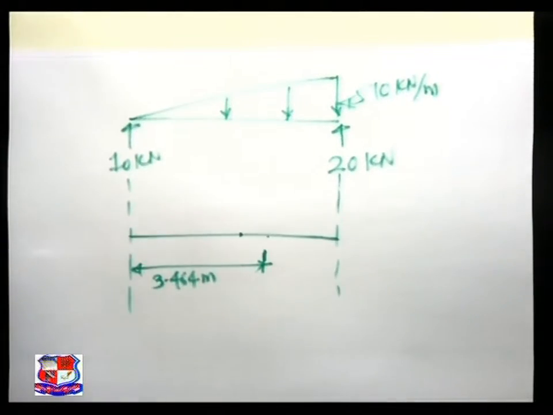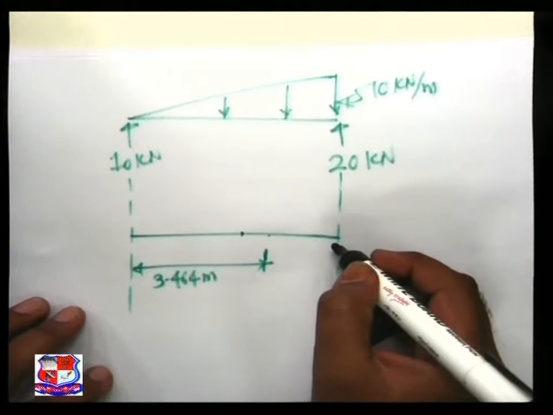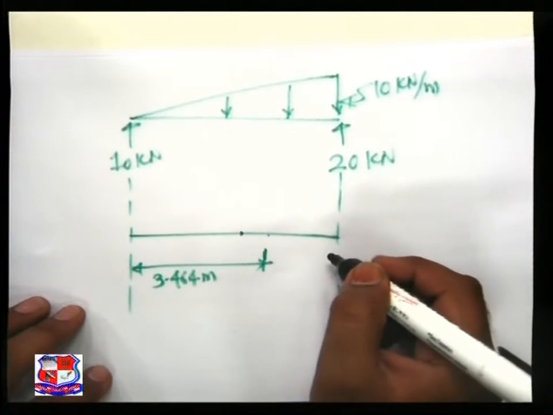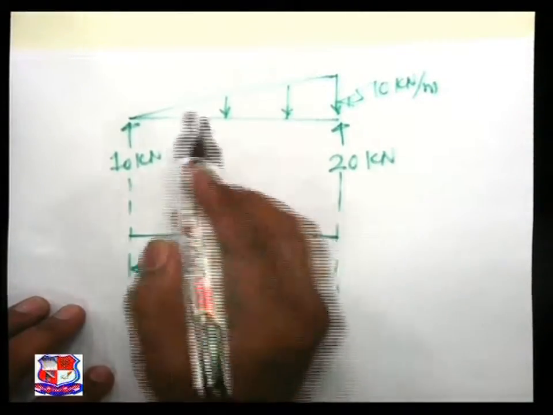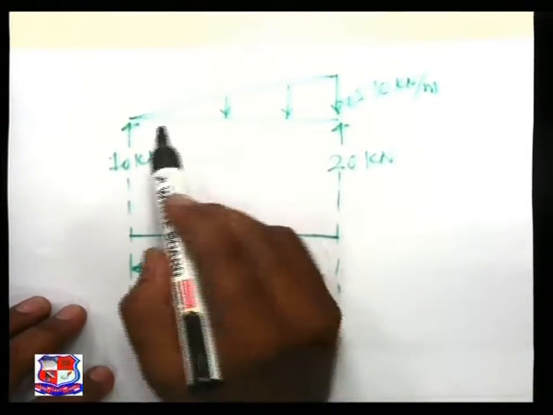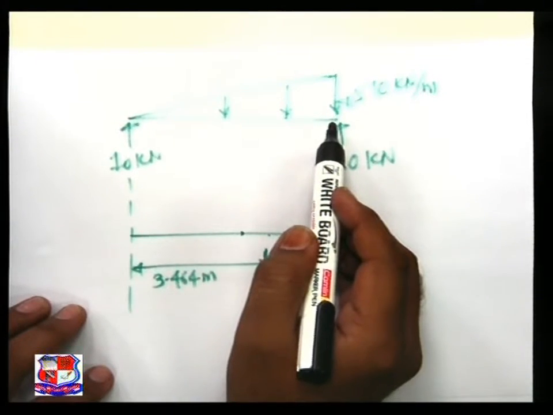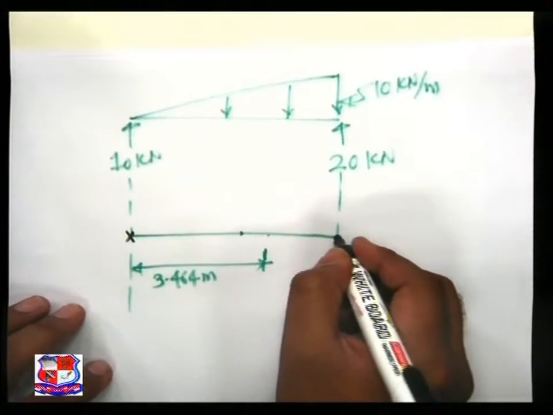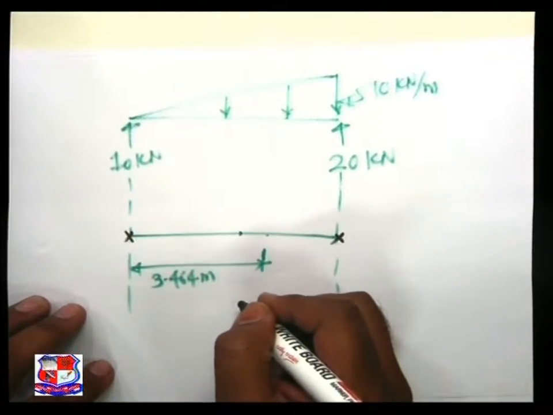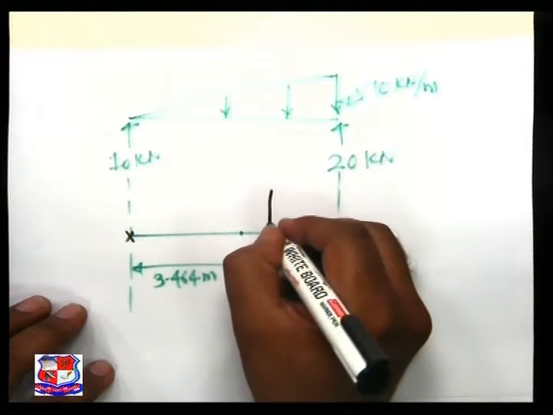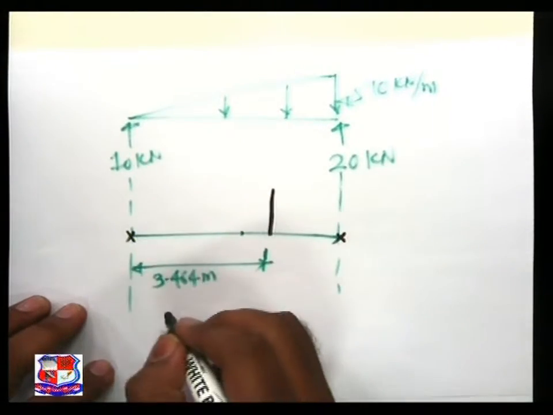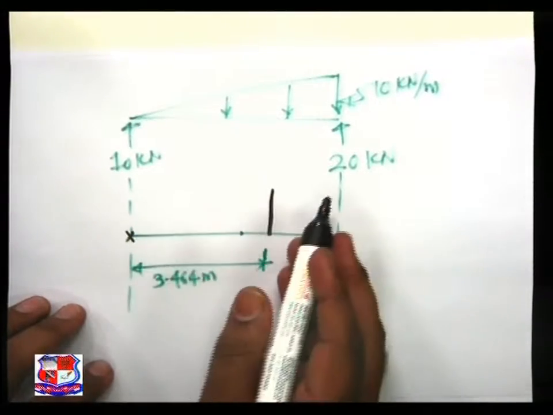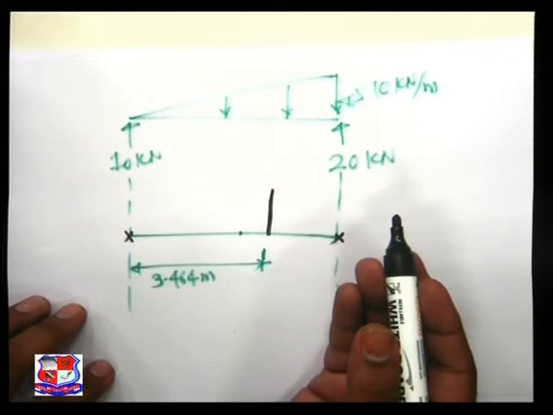Now the first important rule that we have studied up till now: the value of bending moment at its supports is 0 for a simply supported beam. So these values are 0. We know the maximum ordinate, and we have to find out this ordinate, and then we will join by any of the curve.